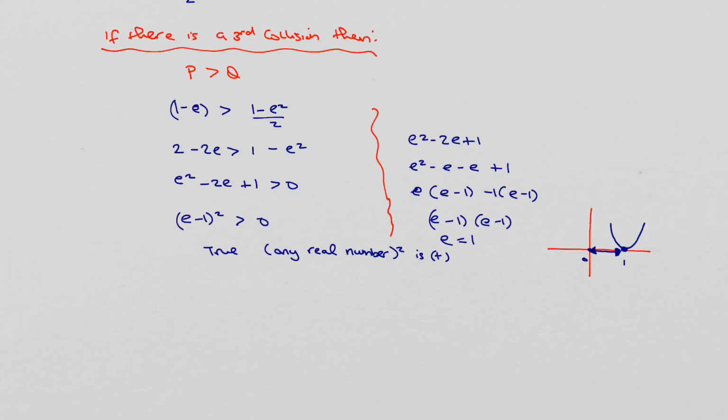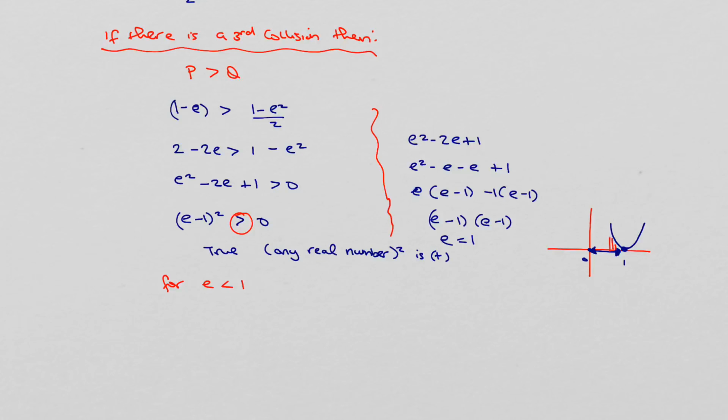So of course, we say that it is true for e less than 1, okay? Because it can't be greater than or equal to 1, because this here is greater than 0. So that's where y is above the x-axis.